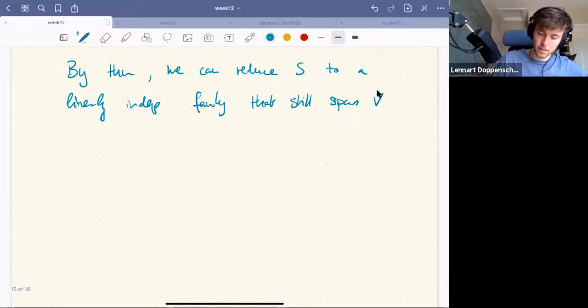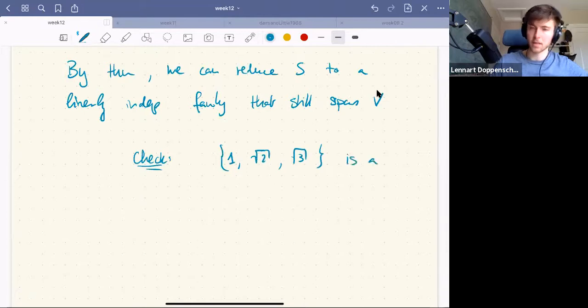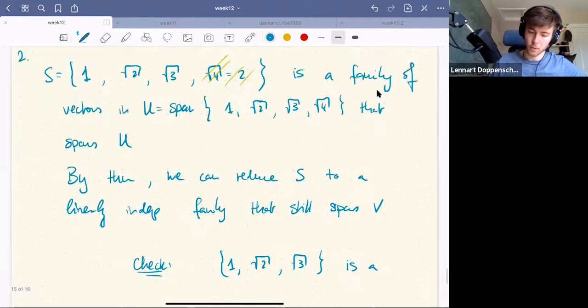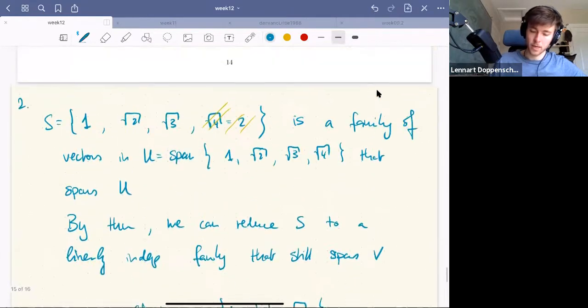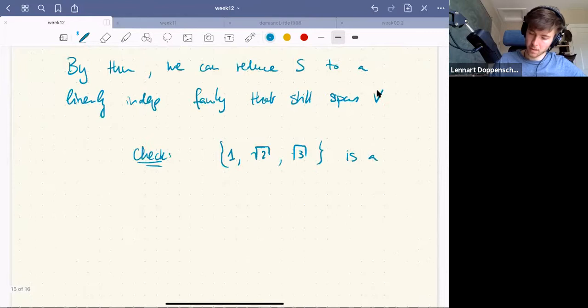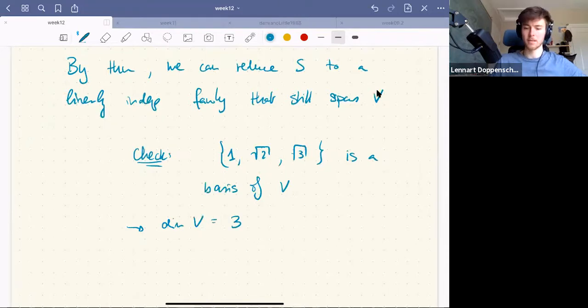So we can check that 1, square root 2, and square root 3 is independent, and it still spans the whole space because 2 is a linear combination of these 3 vectors. And this means the dimension of V is the number of elements in the basis, which is 3.